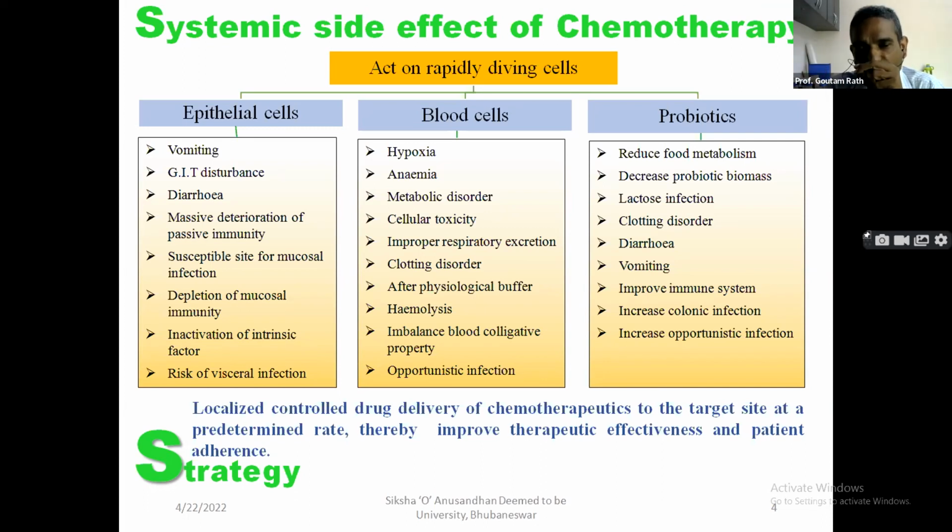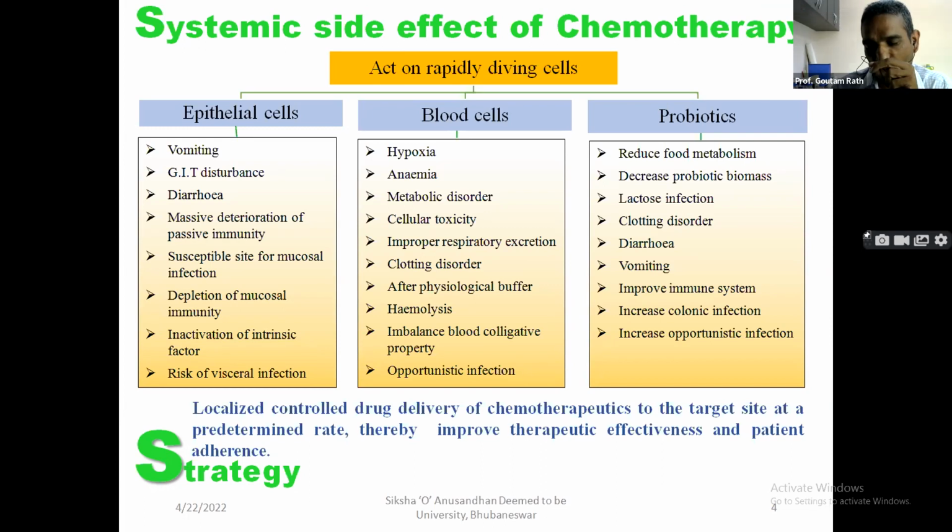So this is why there is a necessity to rethink the drug delivery approach for anti-cancer drugs. Because whenever anti-cancer drugs are administered through conventional forms like tablets, the drug is absorbed and distributed throughout the system, irrespective of where the cancer cell is present. It is distributed throughout the system.